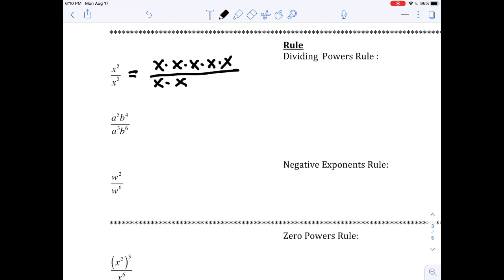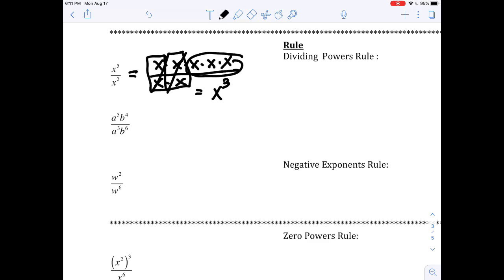Now, if we remember something about fractions, we know that anytime we divide a number by itself, it's equivalent to 1. So that x divided by x is 1. So they will divide away. The next x divided by x is also 1, leaving you with 3 x's. And so the answer to this is x to the 3rd.